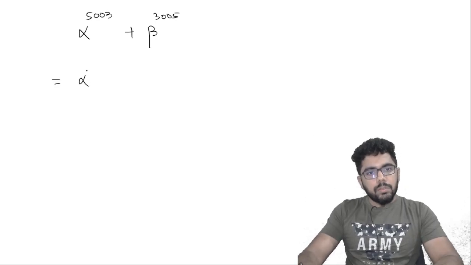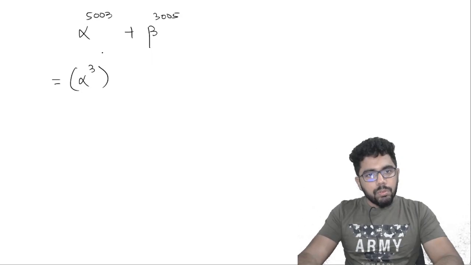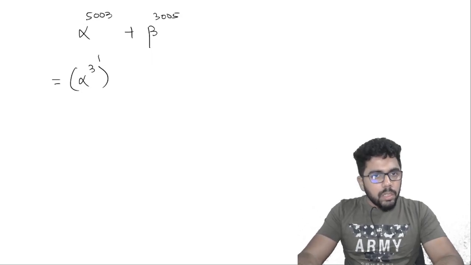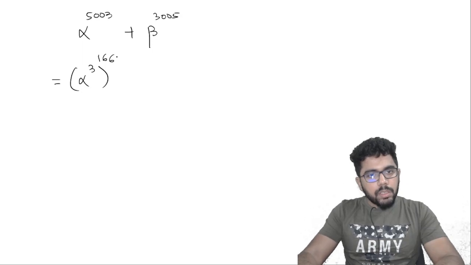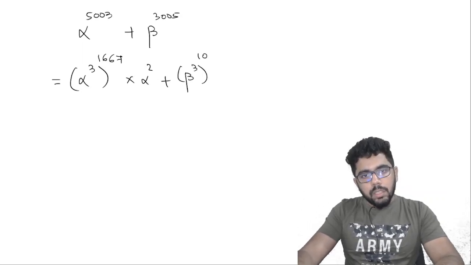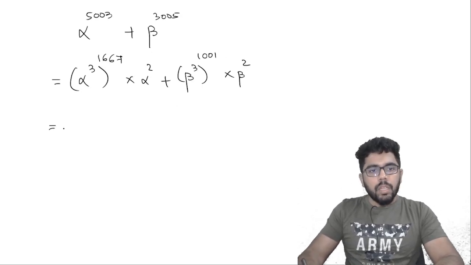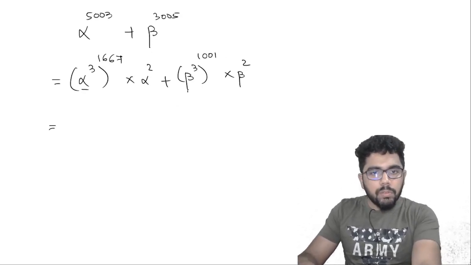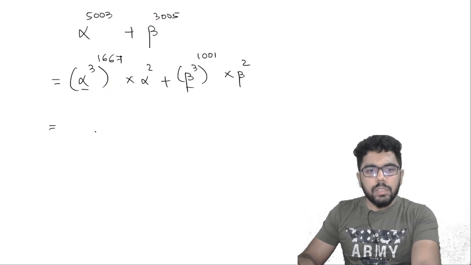So I can do it in this way, alpha cube, I know the value. So 3 into, 3 1s are 3, then 20, 3 6, then again 20, 3 6, 23, into alpha square plus beta cube, again 3 1001 into beta square. Now alpha cube and beta cube we know the values, which is minus 1 in both cases.